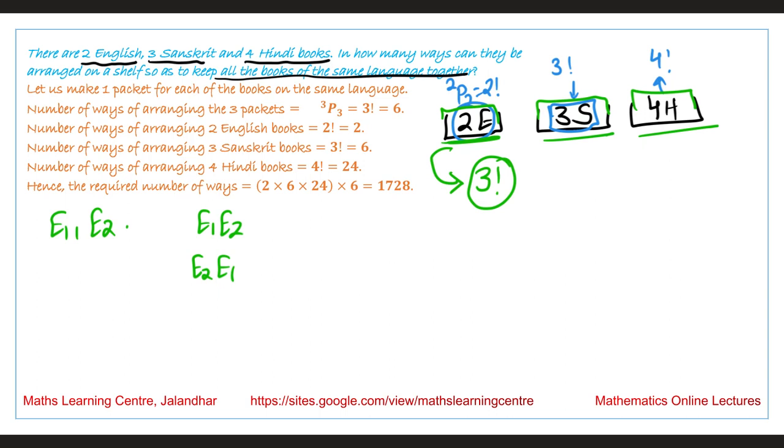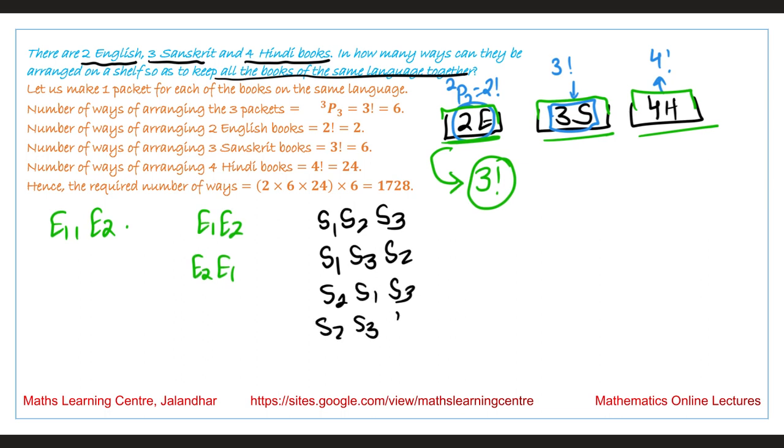Suppose we have 3 books of Sanskrit: S1, S2, S3. They may be arranged S1, S3, S2; S2, S1, S3; S2, S3, S1; then S3, S1, S2; and S3, S2, S1. These books can be arranged among themselves in this way.